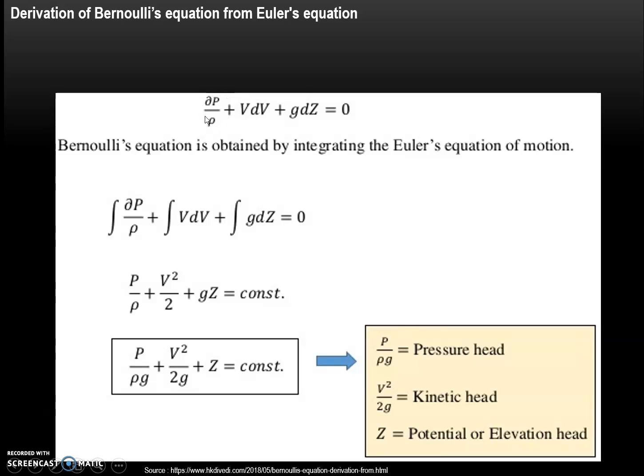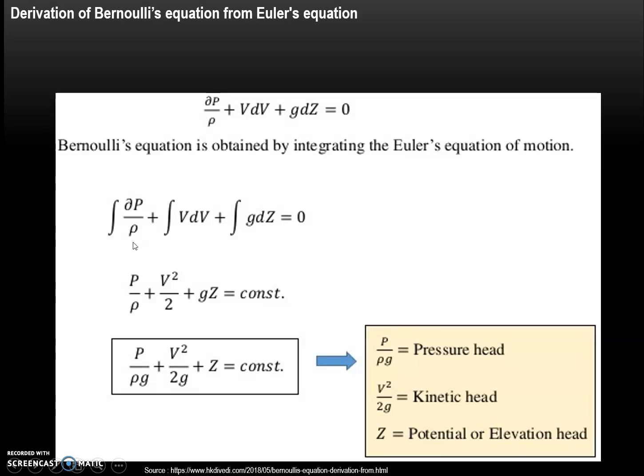Euler's equation of motion can be written as dp by rho plus v dv plus g dz is equal to 0. To derive Bernoulli's equation, we will integrate this Euler's equation. So, integration of dp by rho plus integration of v dv plus integration of g dz is equal to 0.